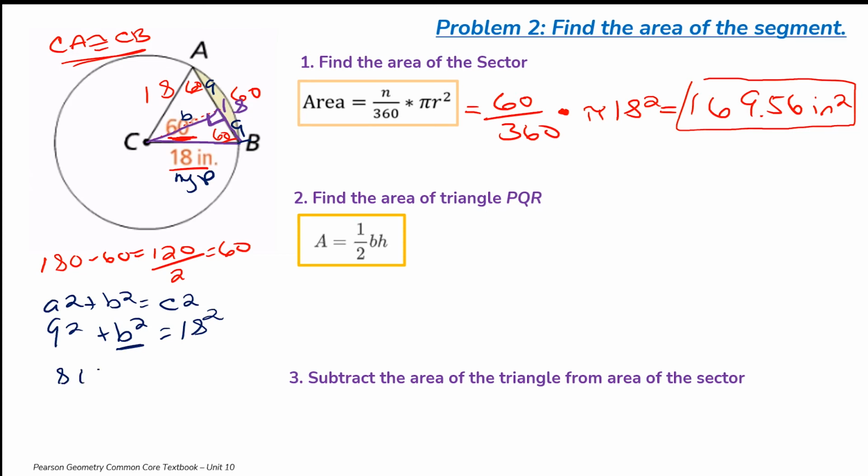So 81 plus b squared is equal to 324. Subtracting the 81 gives me 243. Then I just take the square root, and I get 15.59.